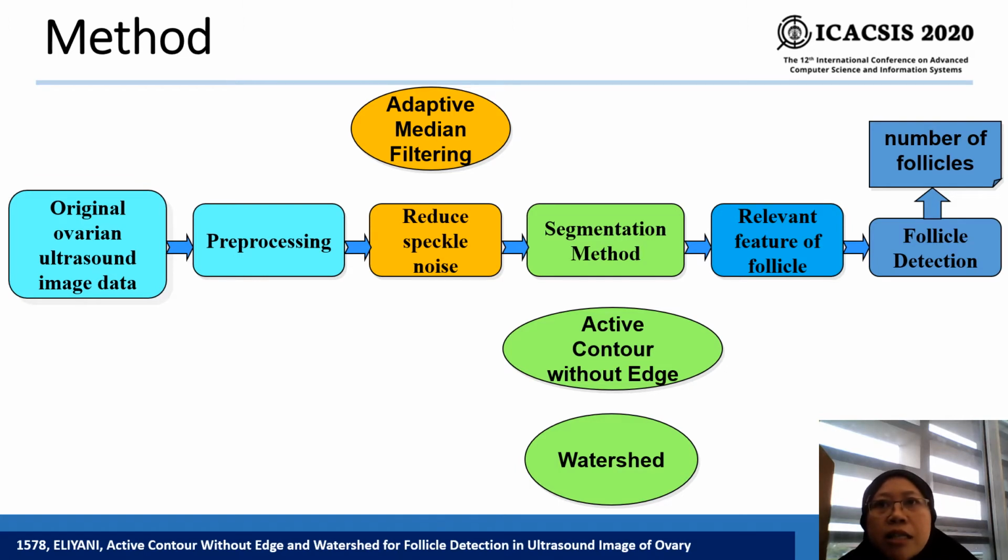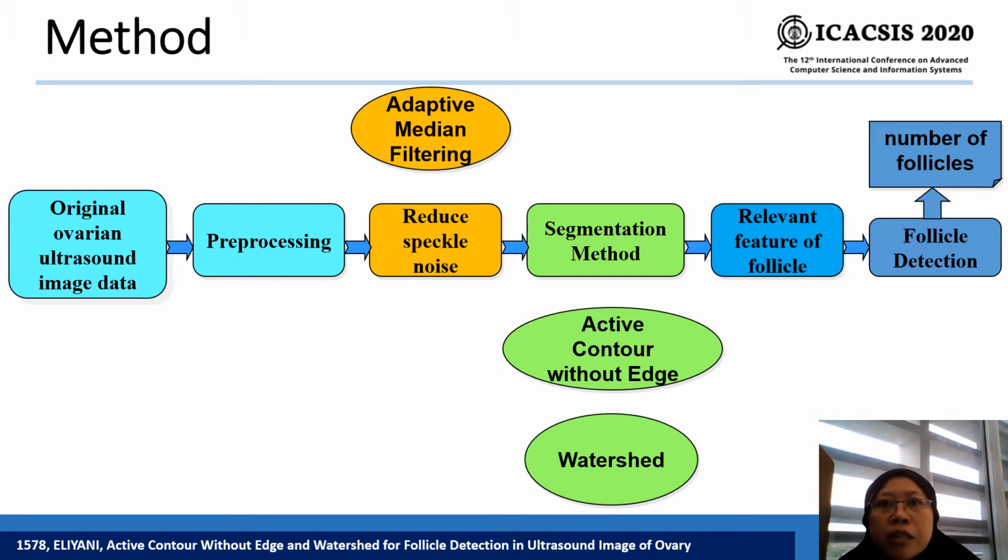Preprocessing, the initial stage carried out before the image is processed, serves to improve the image quality to produce better features for the next stage. This research will use adaptive median filtering to reduce speckle noise. Segmentation method using active contour without edge and watershed.